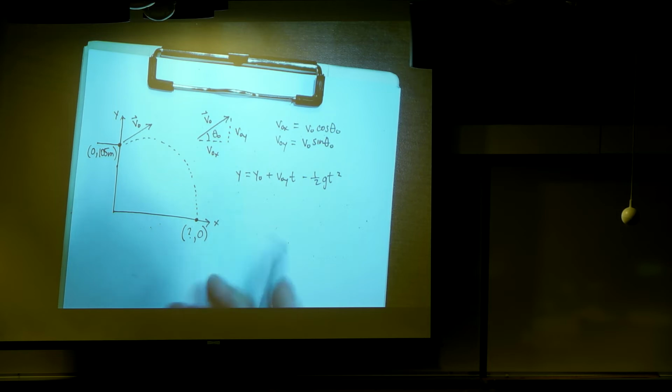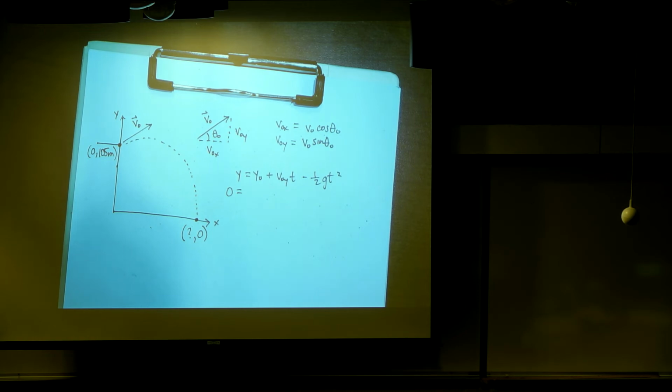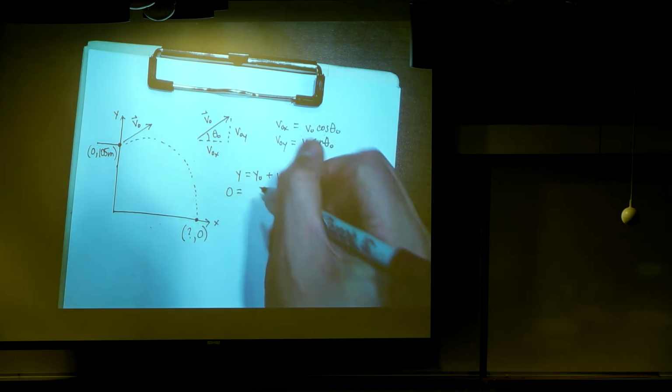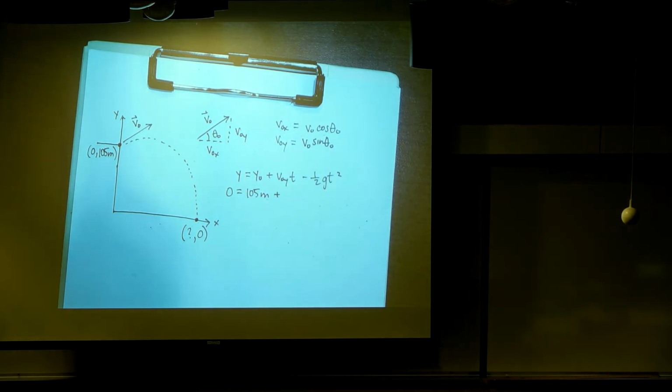So y, that's our final y position. What goes right there? 0, right? Because we end up on the ground. Y naught, that's our initial y position. What goes in for that? 105 meters. Okay, then we have plus v naught y.